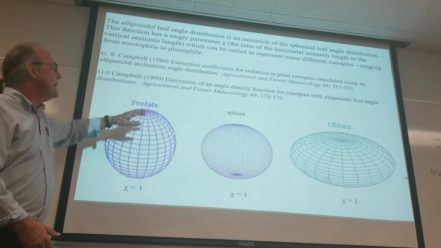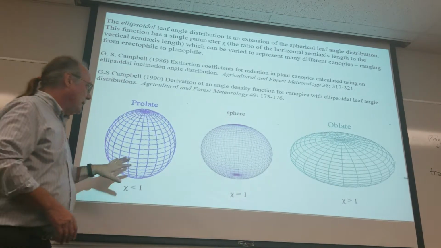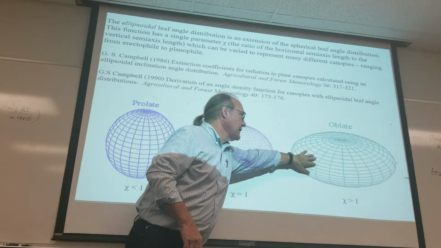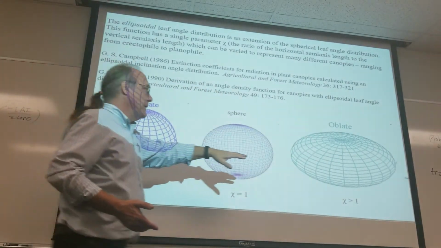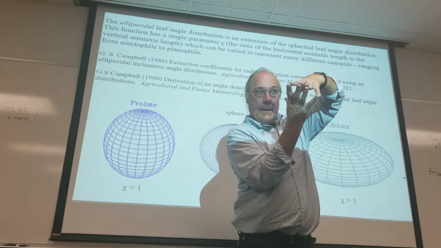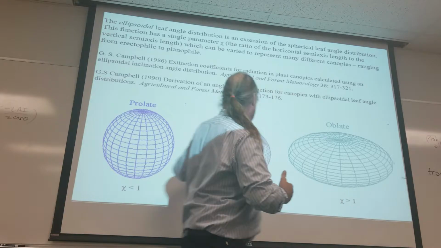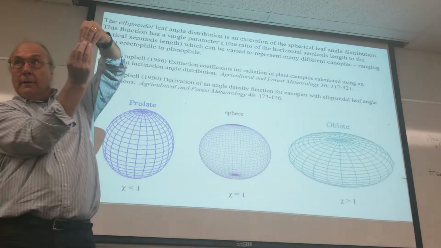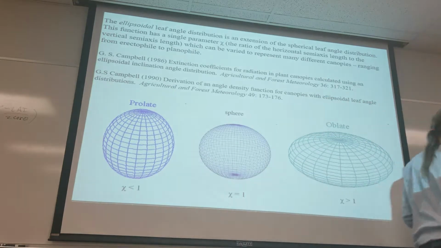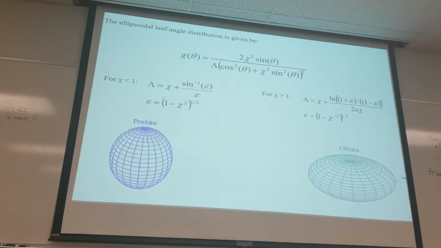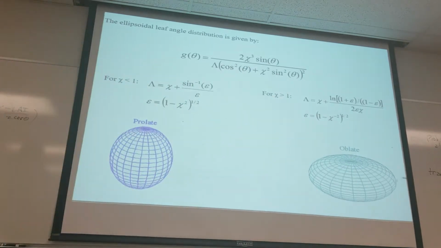And Gaylon came up with a way of representing these types of leaf angle distributions, which in the extreme case, this one gets pretty horizontal. This one can get pretty vertical, or you get right in the middle for the sphere, depending on the value of this parameter chi in this equation. So here's the ellipsoidal leaf angle distribution.